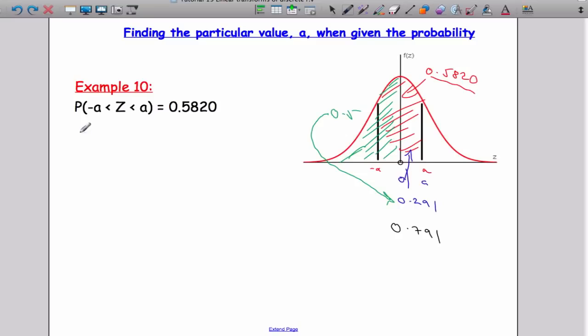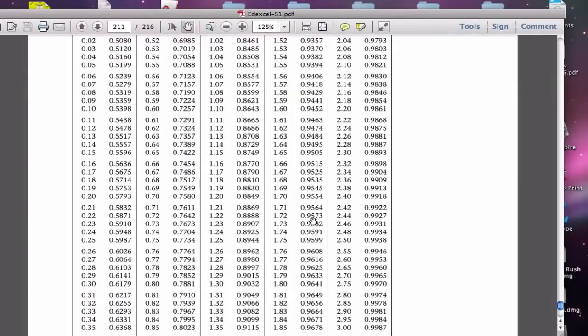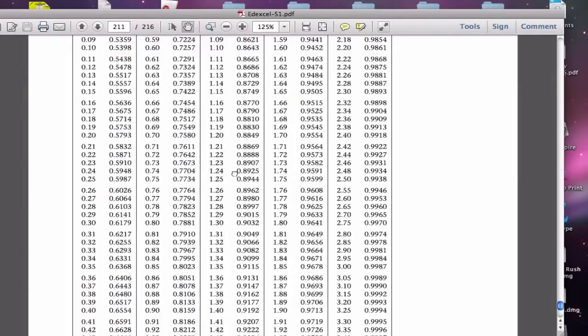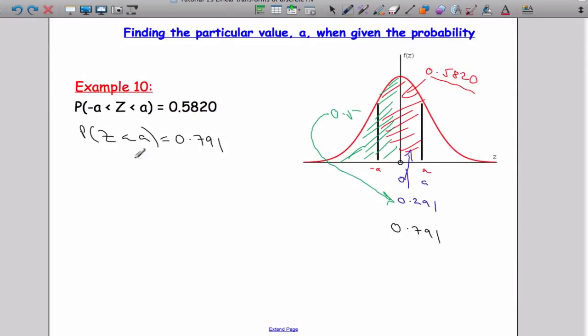So I know that the probability that my random variable is less than A equals 0.791. So then I go to my table. Let's see if we can find 0.791. 0.7910 gives me 0.81. So A must equal 0.81.